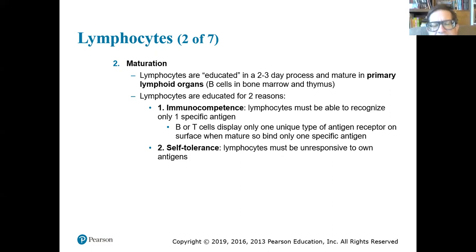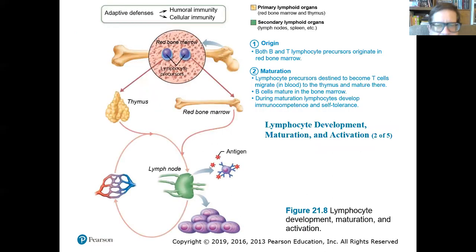And they need to be self-tolerant. We don't want them attacking normal cells in your body. We don't want them causing autoimmune disorders. Okay, so they have to develop competence and self-tolerance. Competence meaning they have one thing they know they're going to attack, and self-tolerance meaning they don't attack other things that they shouldn't.